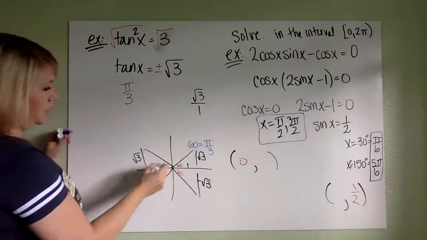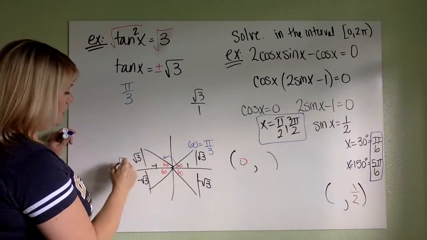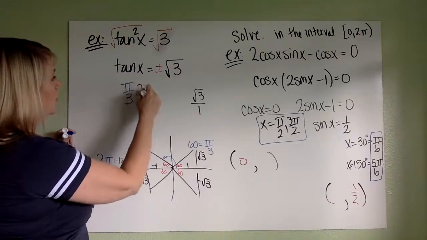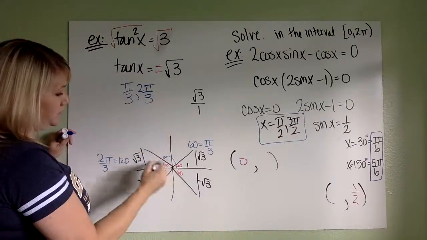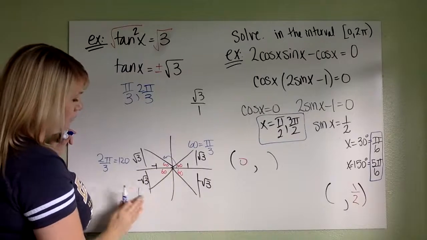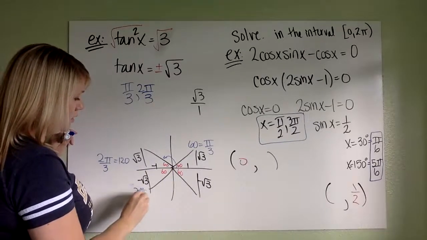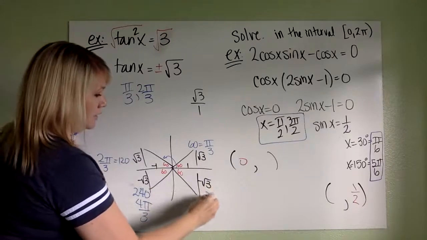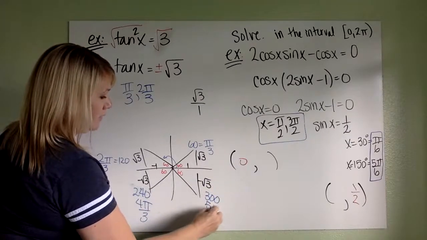For this one, 120 is 2 pi over 3. This one, 240, is 4 pi over 3. And 300 is 5 pi over 3.